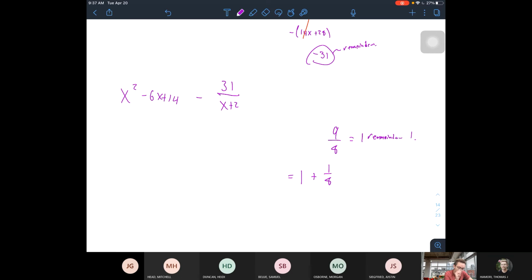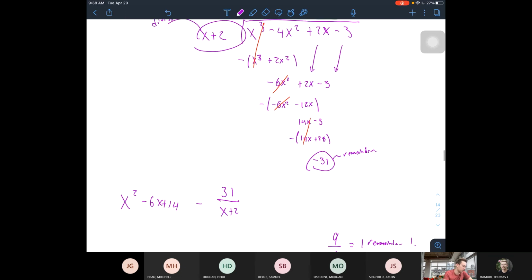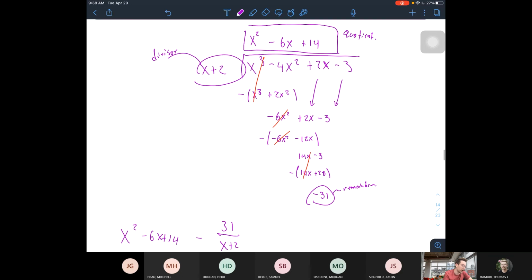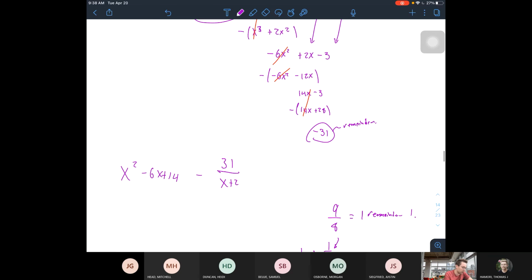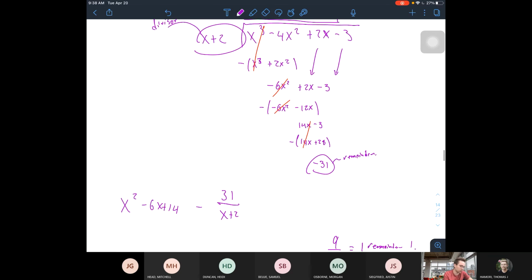Right? So way back in the day in elementary school, when you learned how to do division with remainders, you did 1 remainder 1, and then that remainder goes over your original denominator, and that's how you get this. So this is nothing different. We divided this out, and we got x squared minus 6x plus 14 remainder negative 31. So I just wrote x squared minus 6x plus 14 minus 31 over my original divisor.